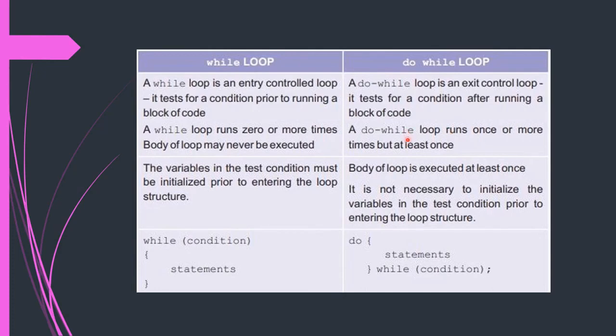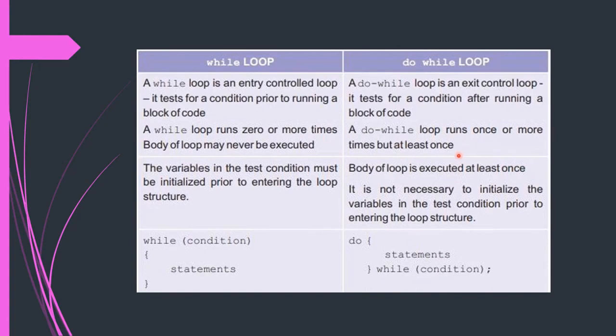Then the do while loop runs once or more times, but at least once. Because in the do while loop, we first execute the body of the loop, and after the execution of the body, we go to the evaluation of the test. So we can conclude that we execute the body at least once.